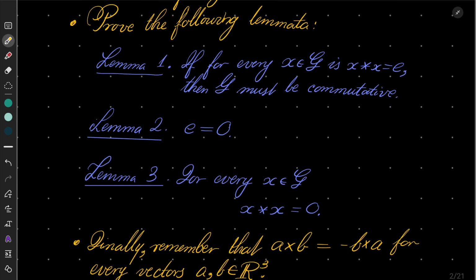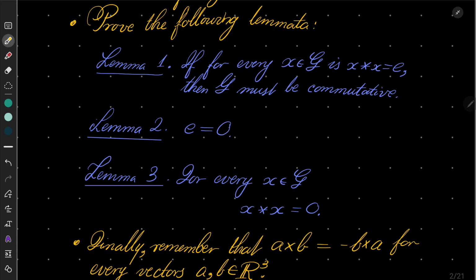It says that in every group G, not necessarily our group, if for every element x, x star x equals the neutral element, then G must be commutative. The second lemma, which is just about our group: show that the neutral element of our operation star must be the 0 vector. And the third and most important lemma is that for every element x of our group, x star x is the 0 vector.